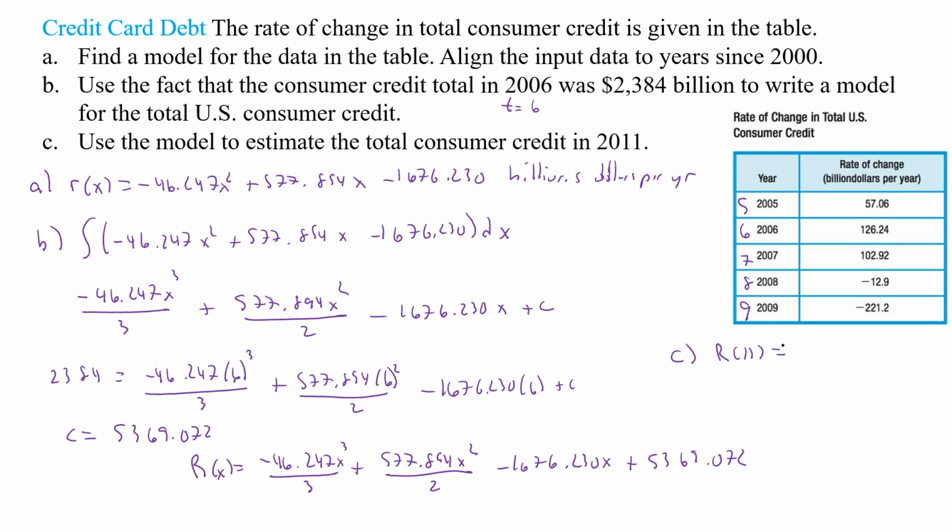And so if we plug all that in, we get negative 46.247 times 11 cubed divided by 3 plus 577.894 times 11 squared divided by 2 minus 1676.230 times 11 plus 5369.072, and I get the answer is 1374.87, oops, 87.